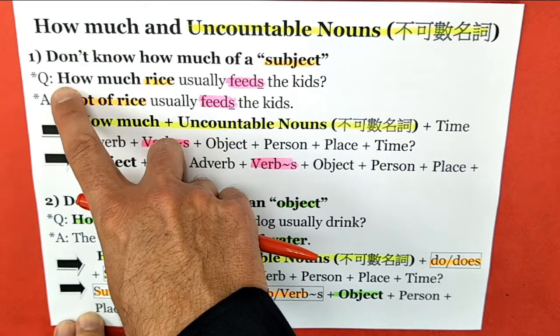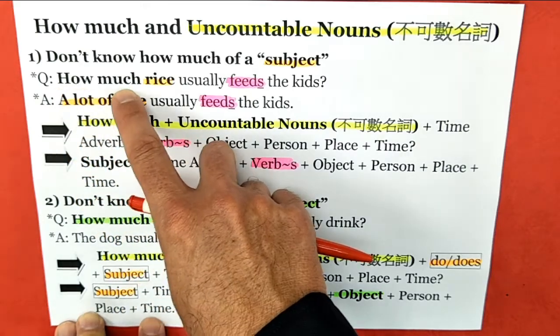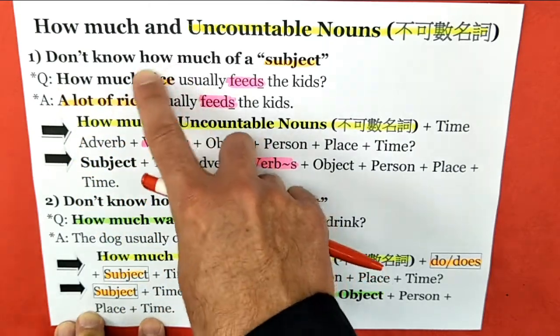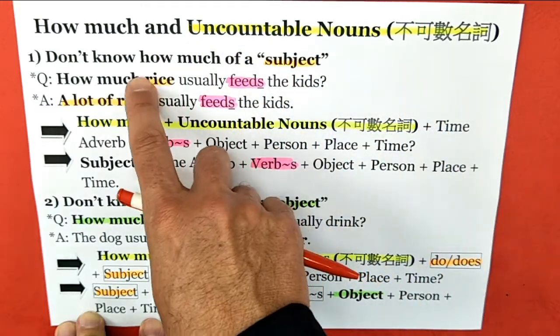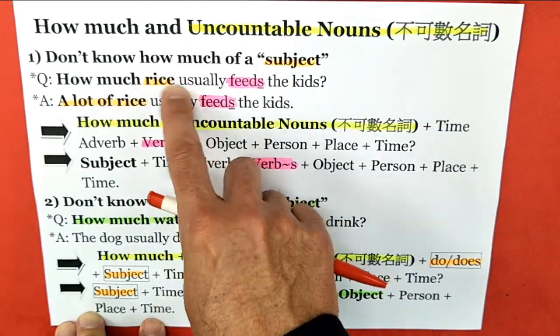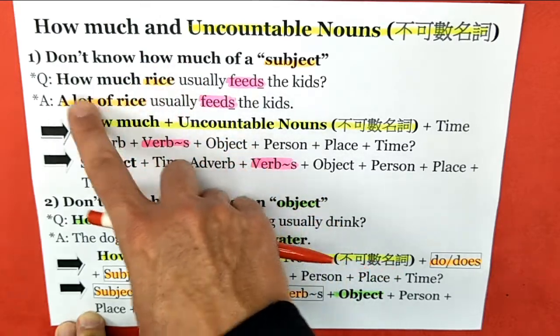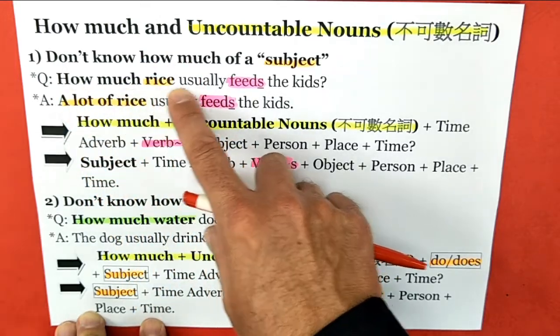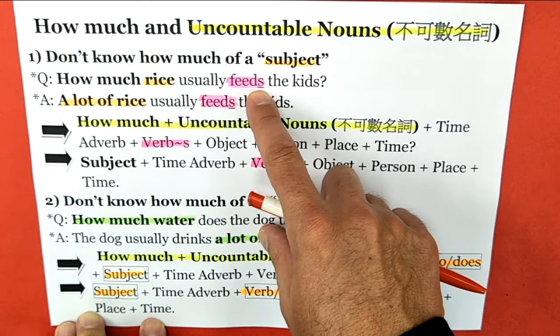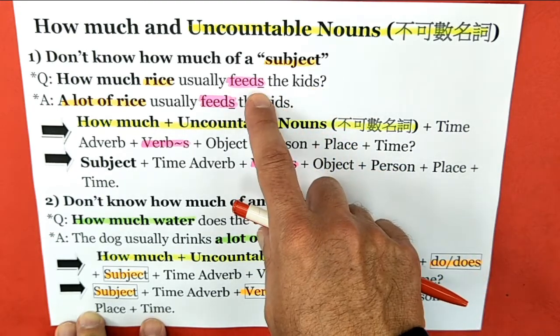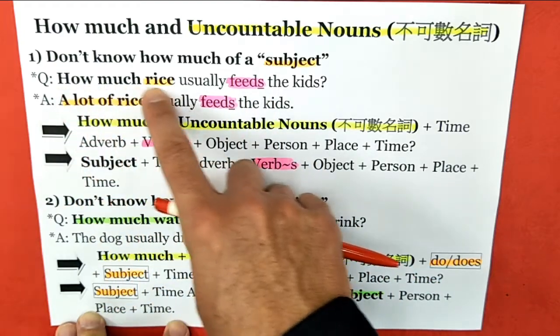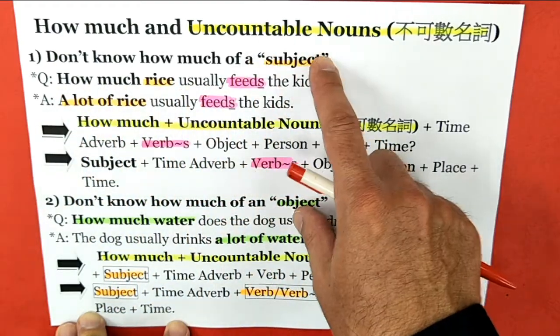All right, question. How much rice? Rice is an uncountable noun. Look at no S, nothing. How much rice usually feeds the kids? Look at that. When we ask how much rice, we don't know the subject.